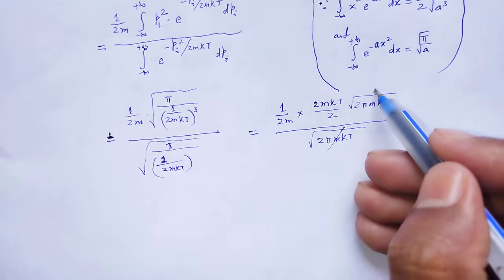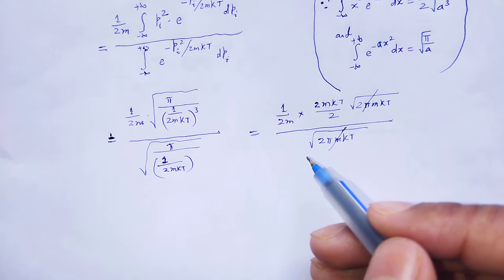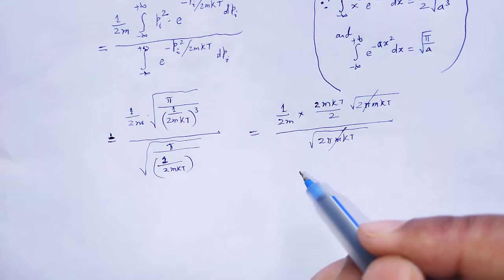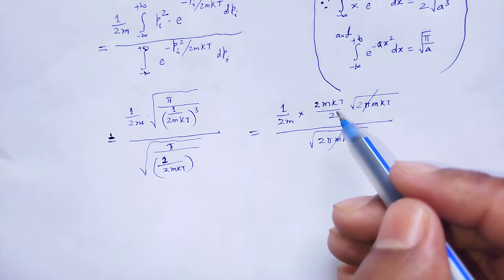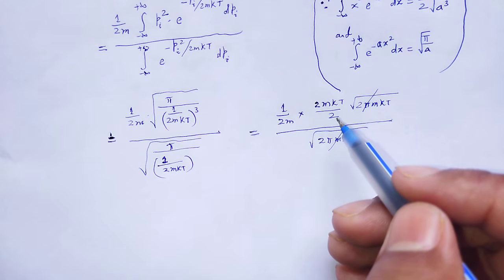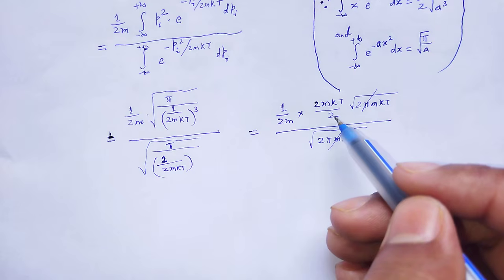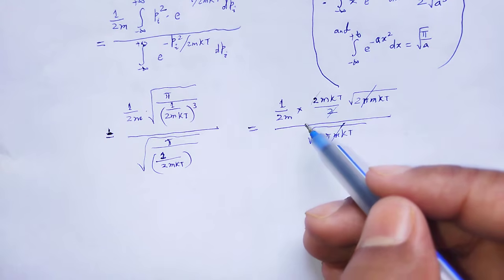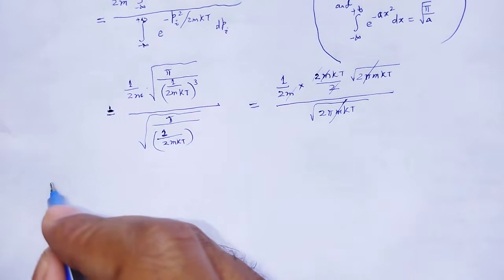So it is cancelled out. Then the m and 2 cancel out, so we have only kt.